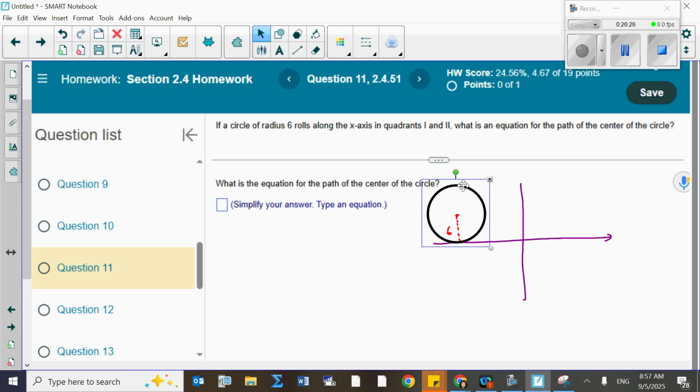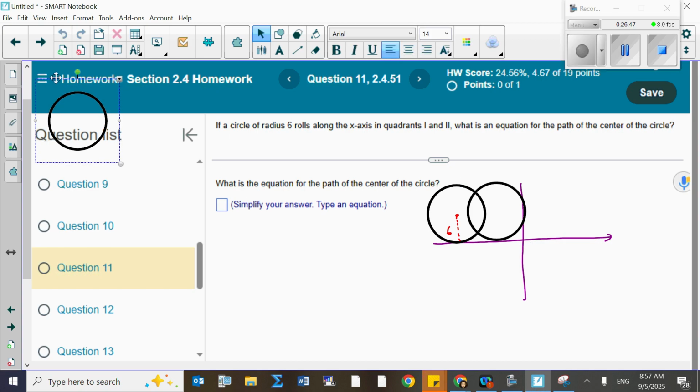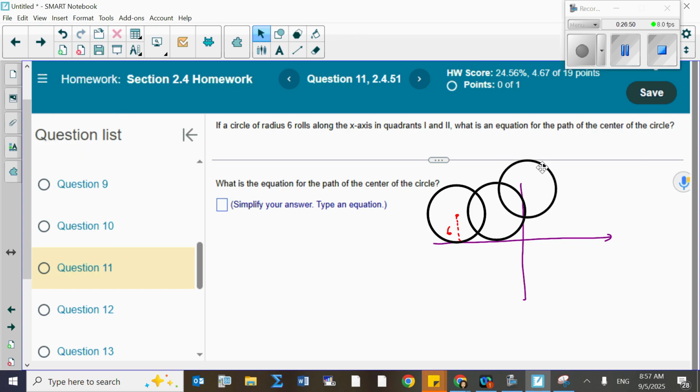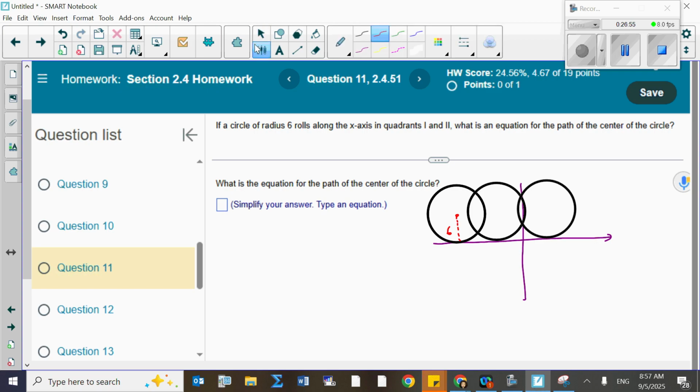Give me a second. Let me copy this for you. So this circle is rolling and rolling like this. I'm going to draw another one for you. Again, rolling. So if it's rolling along the x-axis, the center is always going to be on this line.